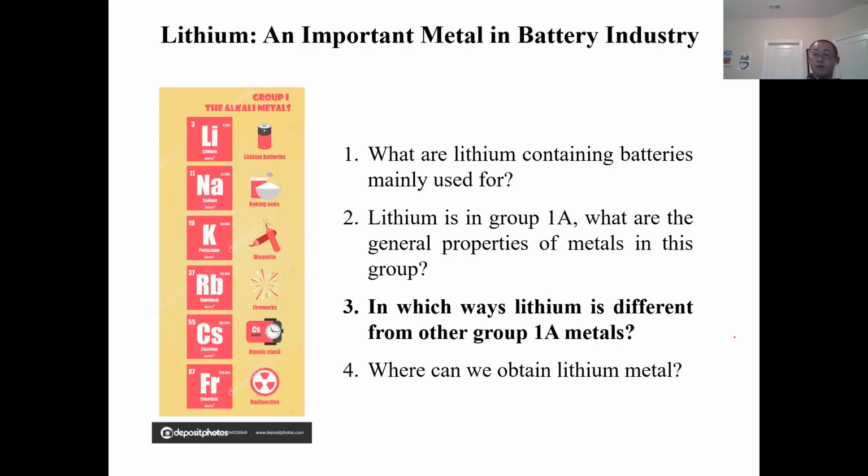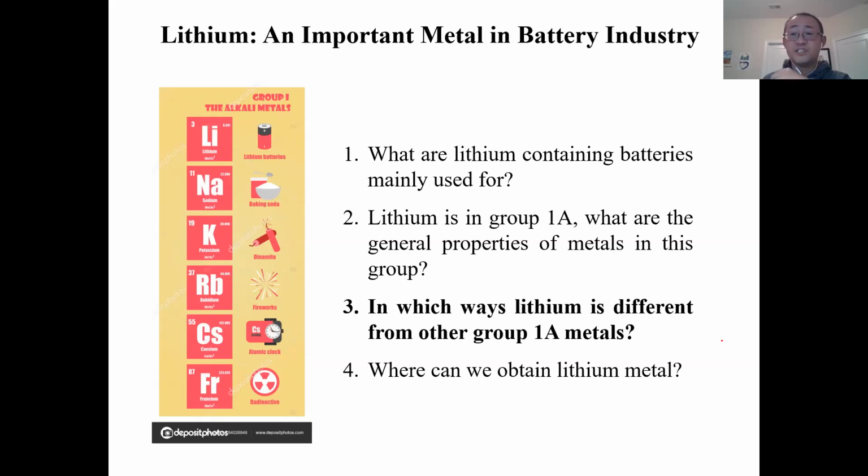Okay, and with that, I want to spend a few more slides to talk about one of the metals in very high demand, that is lithium metal. Because remember, lithium metal is not only used in our personal devices, cell phones, laptops, but is actually increasingly used more and more in what? In making hybrid vehicles or electric vehicles as the main batteries.